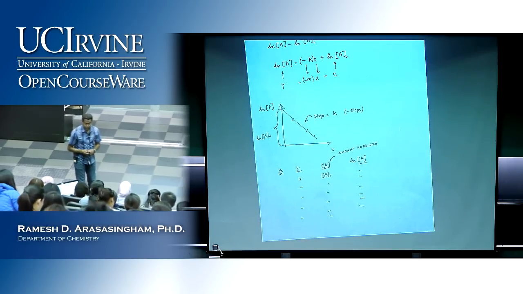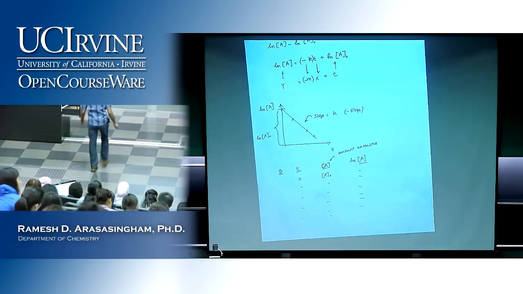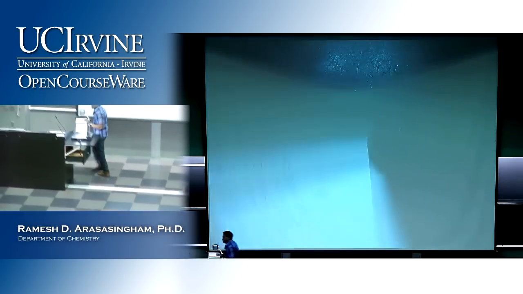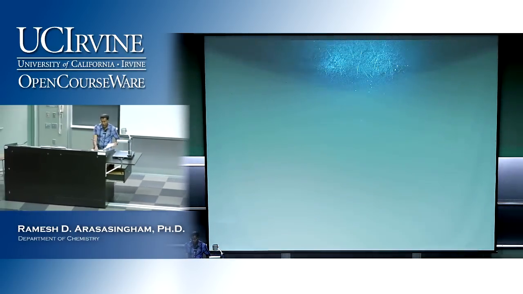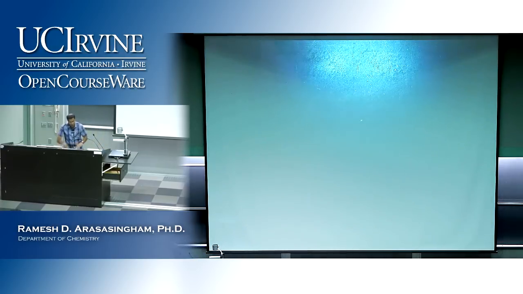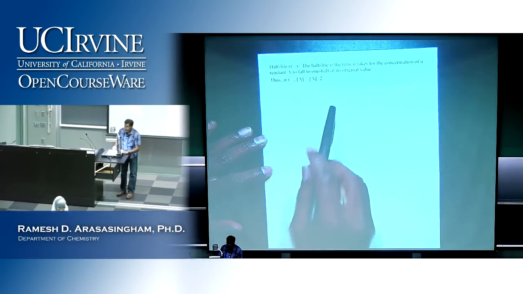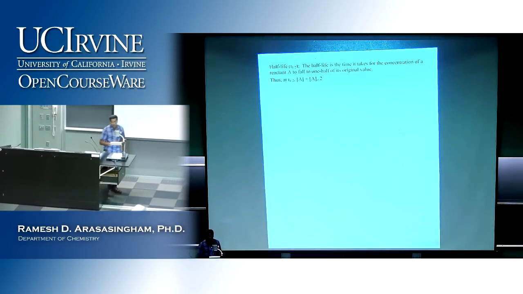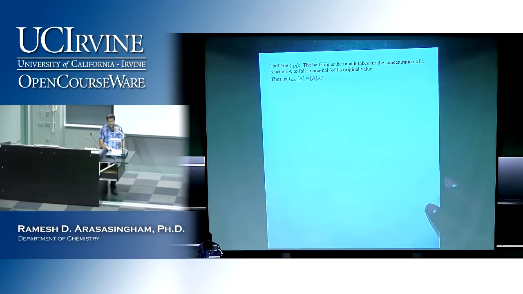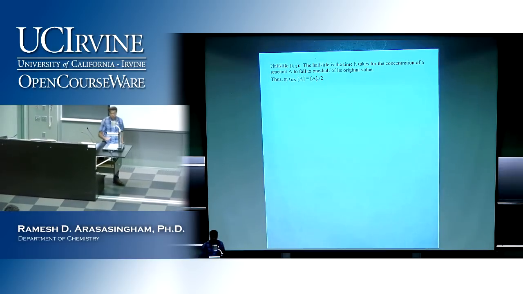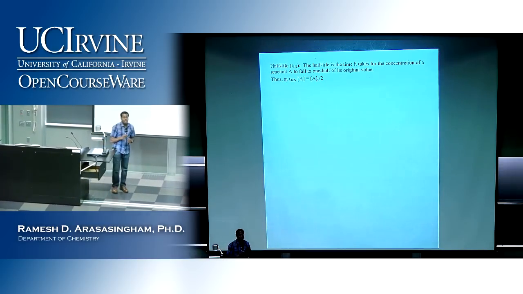Now, having said that, we're going to define a new term called half-life. The half-life is the time it takes for the concentration of a reactant A to fall to half its original value.